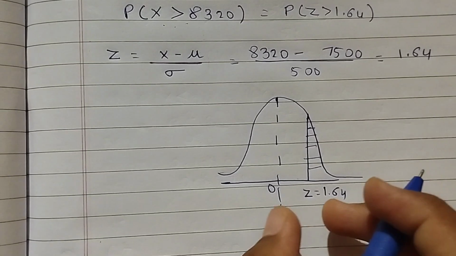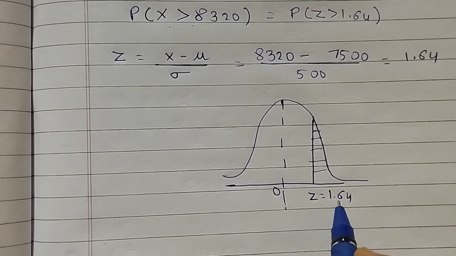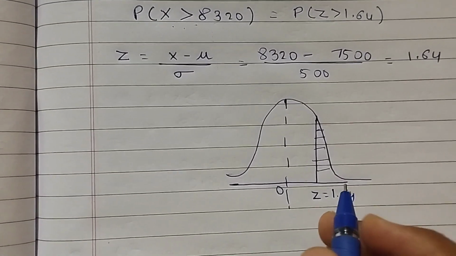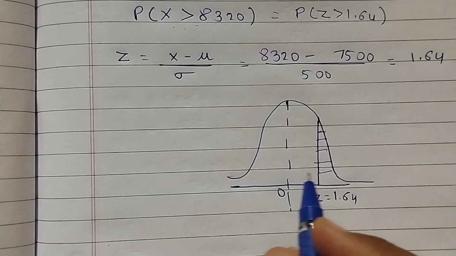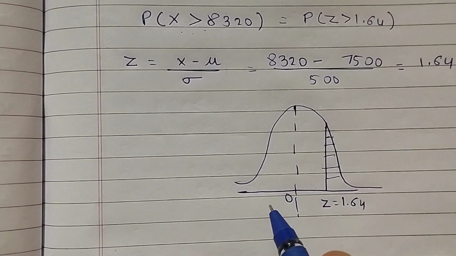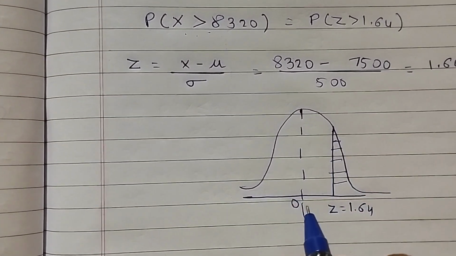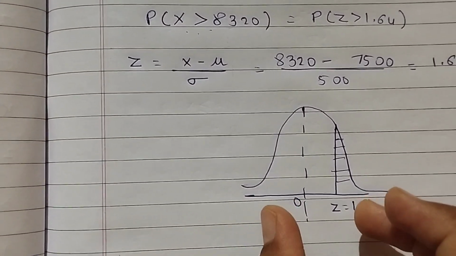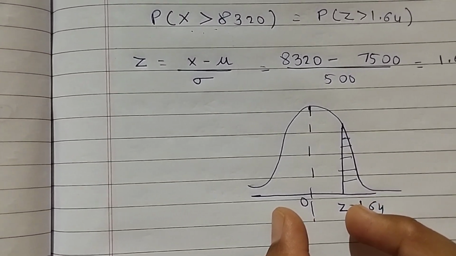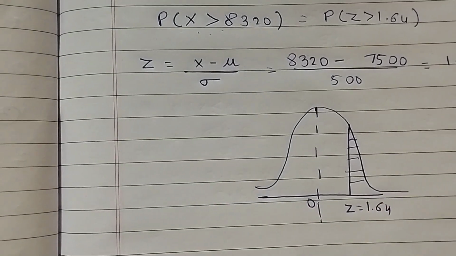As we previously discussed, we know the area from minus 1.64 to plus 1.64, and the midpoint divides it equally. If we know the whole area and divide by 2, we get the half portion of the area.